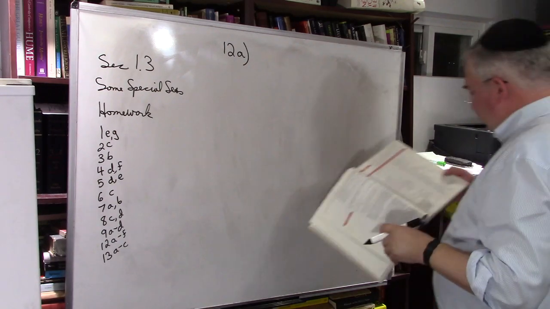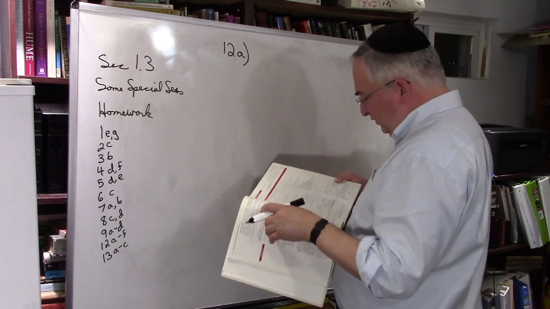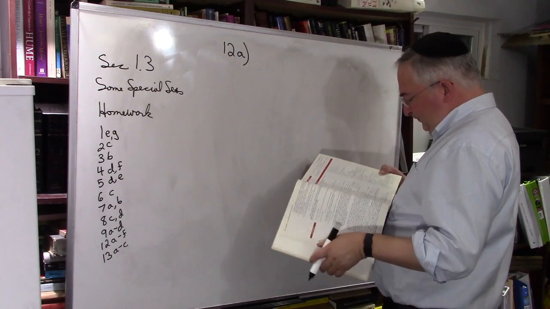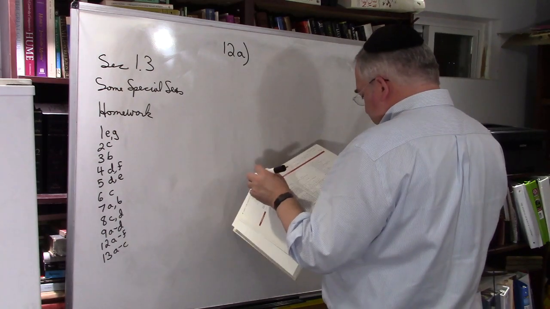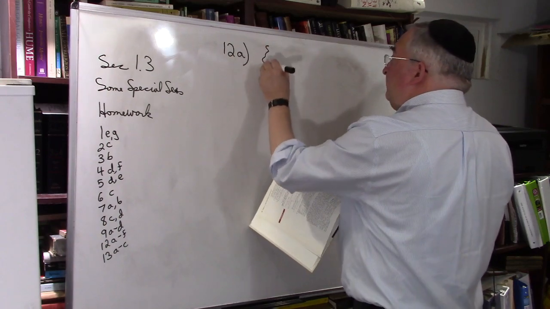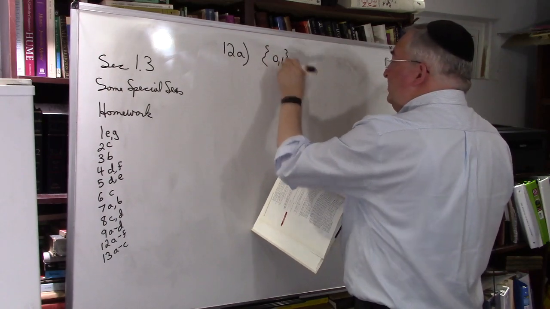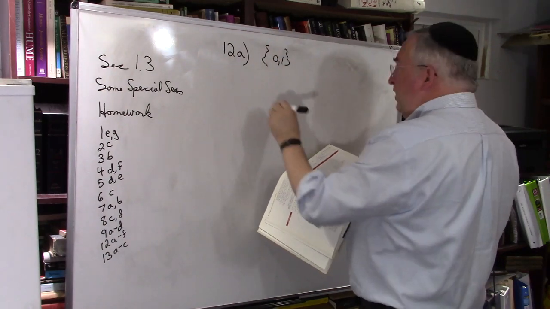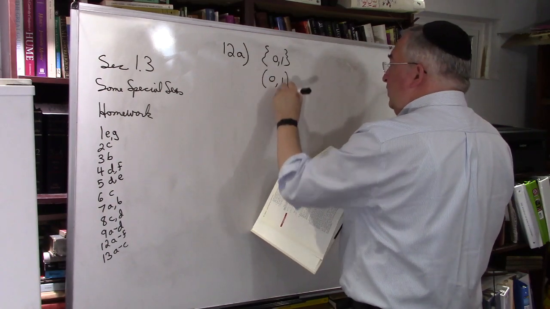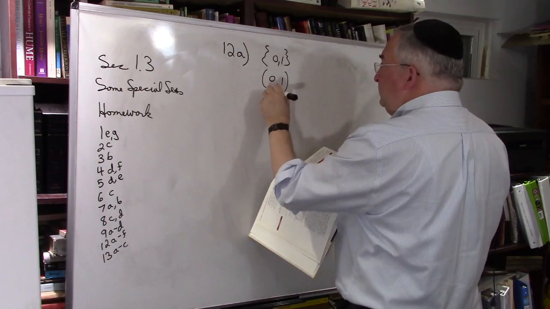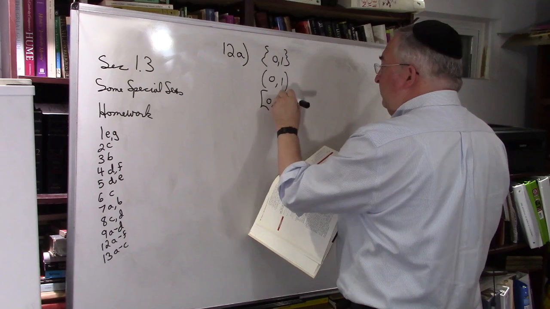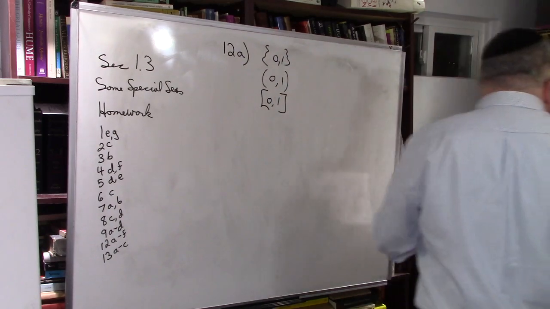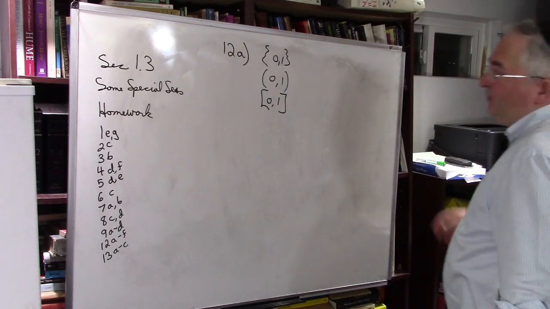Consider the sets. Let's go through this. {0, 1}, that's a set of elements. This is (0, 1). And this is [0, 1]. Now these are 3 different sets.